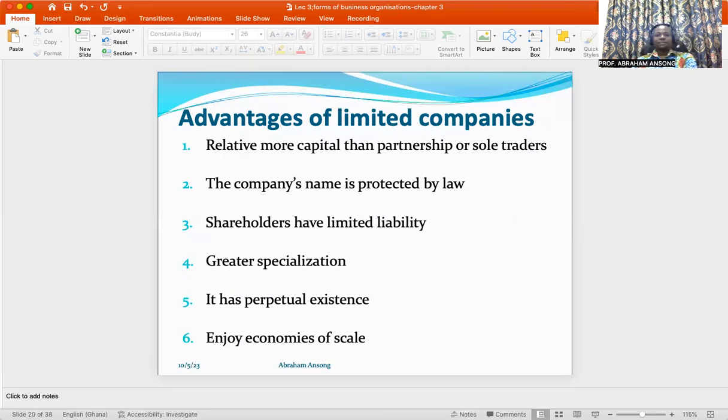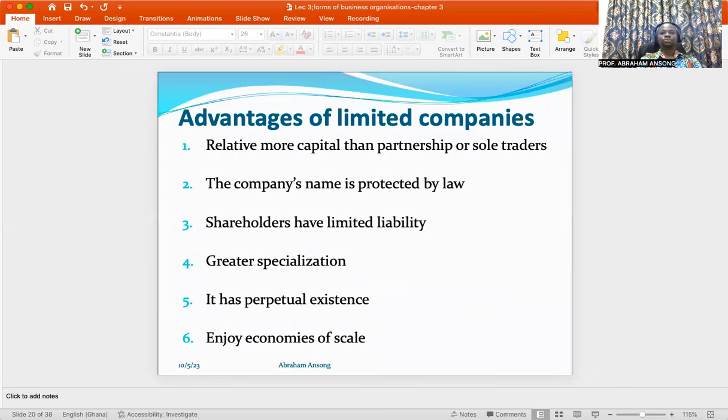Based on this explanation, what are some of the advantages of companies, and to be more specific, limited companies, because we said we have unlimited companies as well. Okay, so point one is that they tend to have relatively more capital than partnerships or sole proprietors. One is because they can float shares and get equity. Two could be that they tend to have better governance structures in place.